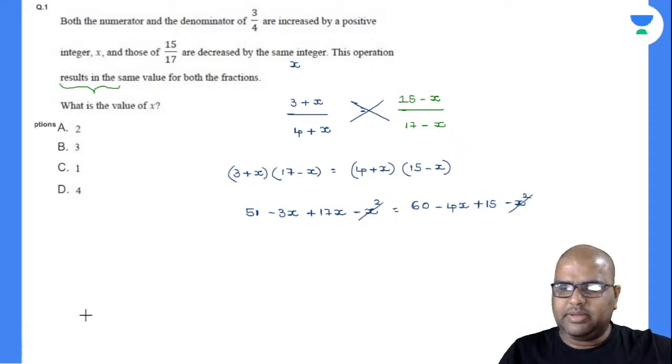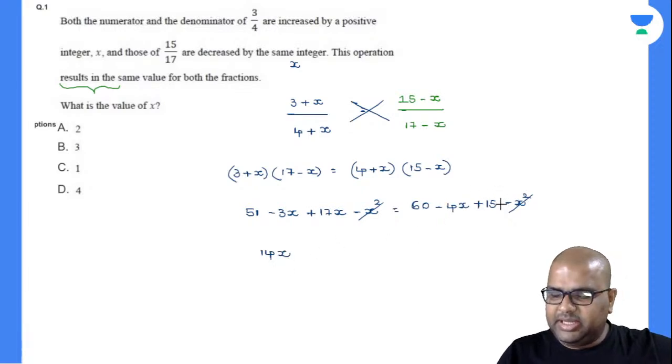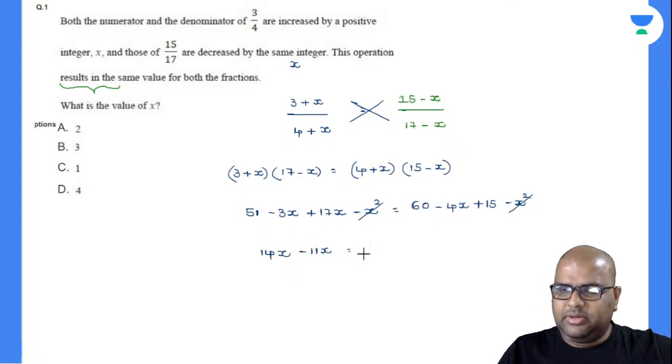On the LHS, minus x square gets cancelled. Minus 3x plus 17x will be 14x. Right, now see here, minus 4x plus 15x will be 11x, and this 11x I will take onto the left hand side. 14x minus 11x is equal to 60 minus 51, which is 9. So 3x is equal to 9, and what will be your x value? x value will be equal to 3, and this is your option there.